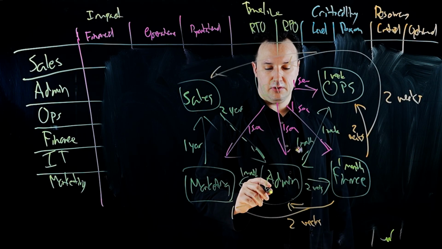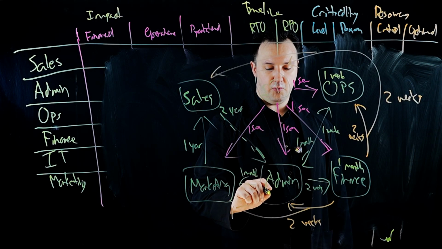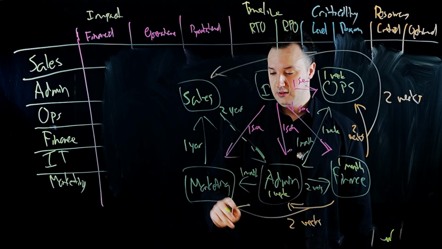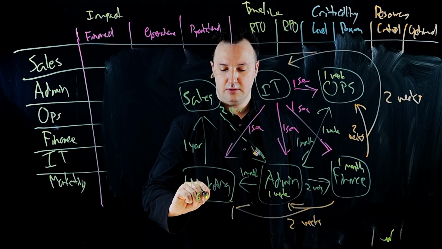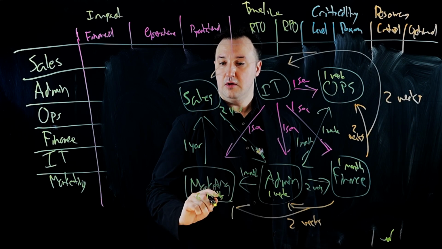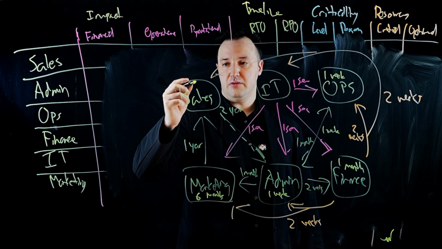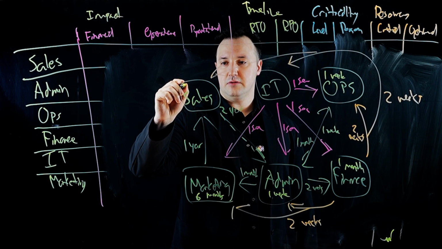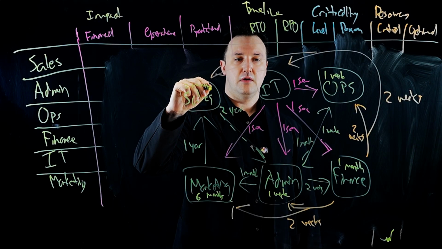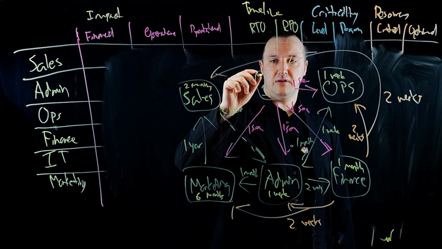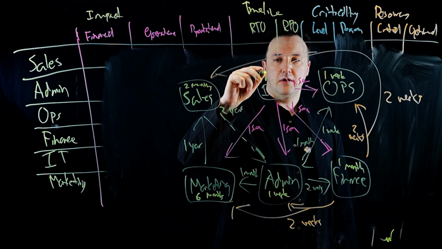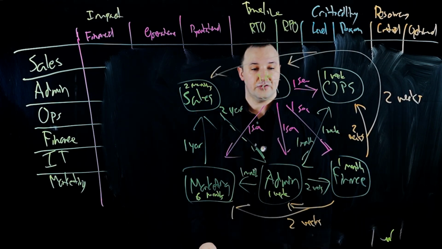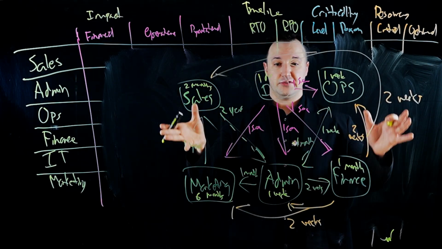Admin might have an RTO of 1 week because of backlog. Marketing has an RTO of 6 months. Sales has an RTO of, I forget, let's put in 2 months. IT said a day or something, or 2 days, I don't know. I forget what we put, who cares? Day.